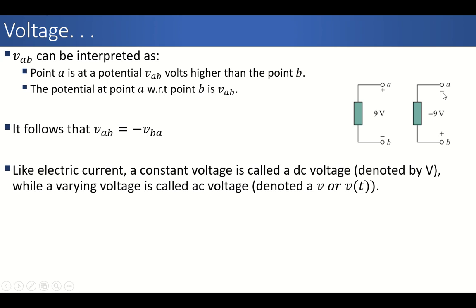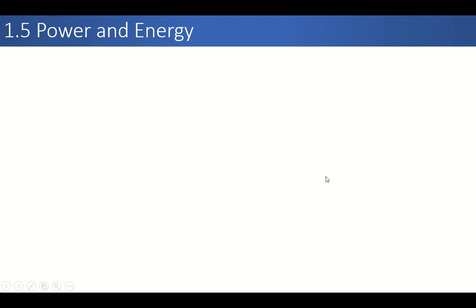This is the same as if we reverse the polarities or points, so that now this is the negative point and this is the positive point, and we apply minus 9 volts. Still the potential difference between points A and B will be 9 volts. Next we'll define power and energy.